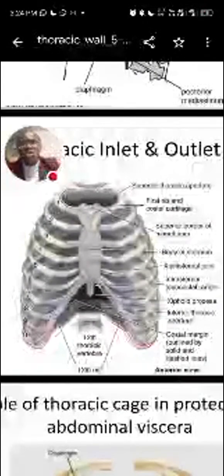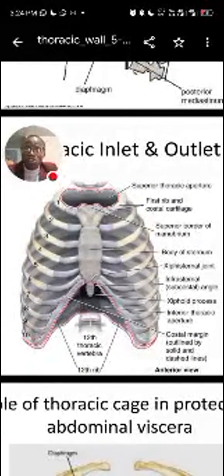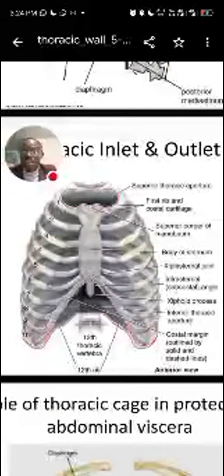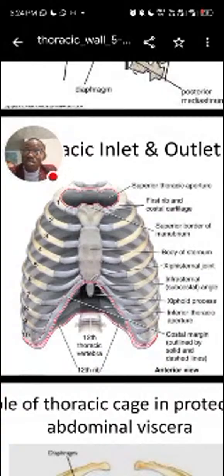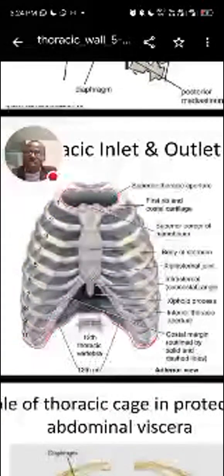Now this is how a clinician calls it. Entry and exit are called apertures, not inlet. Anatomists will call it inlet and outlet, but a clinician or a pre-clinician should call it superior thoracic aperture and inferior thoracic aperture.